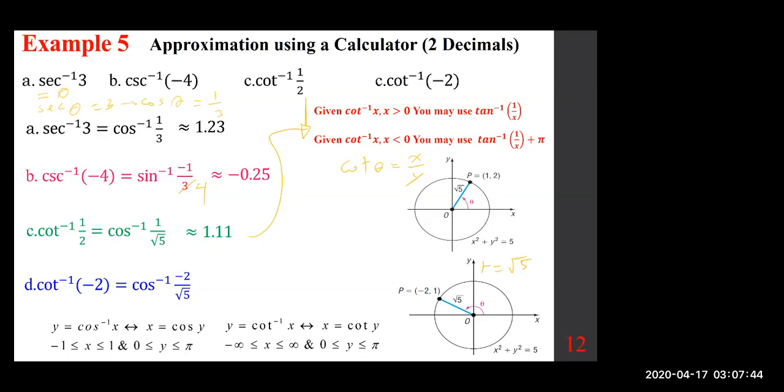That means cosine inverse of -2 over square root of 5. That's how you look it up using your calculator, and you come up with the answer. Is everybody okay with this? Is this making sense to everyone?